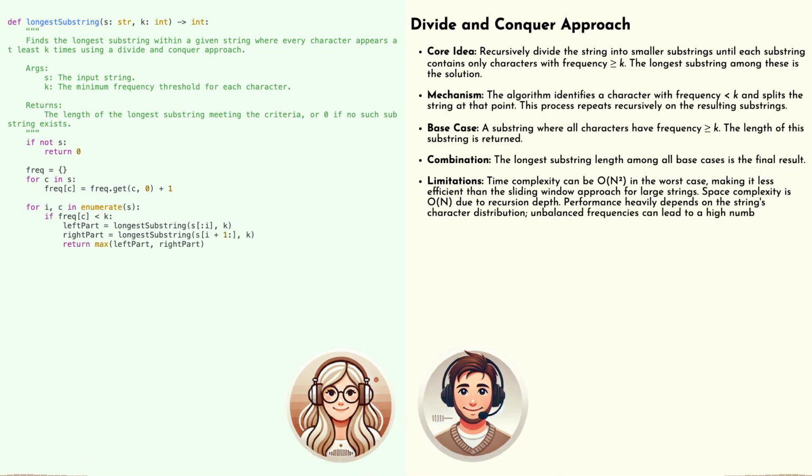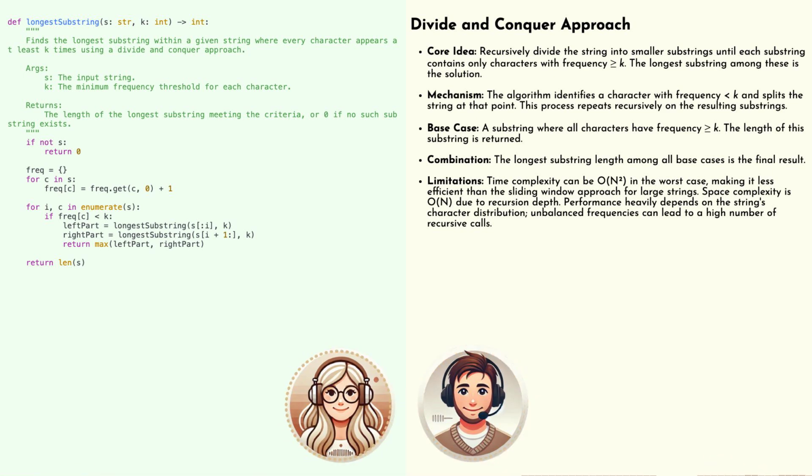Yeah, exactly. We can use those as boundaries to split our original string into smaller substrings. That's really clever. So we're essentially getting rid of sections that can't possibly contain the solution. Right. And then we can recursively apply the same logic to those smaller substrings. So we keep dividing and conquering until we have substrings where all the characters meet our k requirement. Exactly. Then we simply pick the longest substring among those.